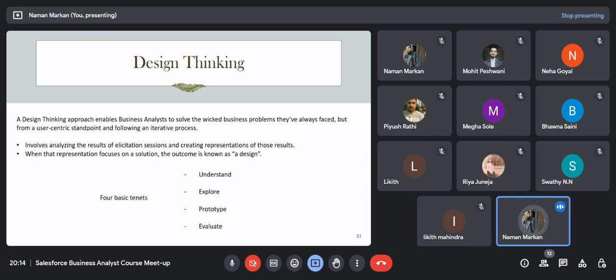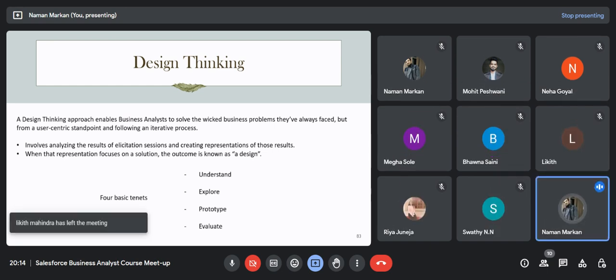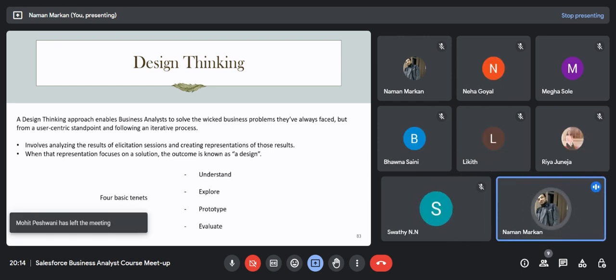Because whatever problems the person is facing, with a proper understanding of the requirement and a proper approach, a business analyst can solve them. From a user-centric point of view, there are many iterations involved while building a solution. Design thinking is a way for a BA to create a well-defined product or process that will meet the enterprise expectations.